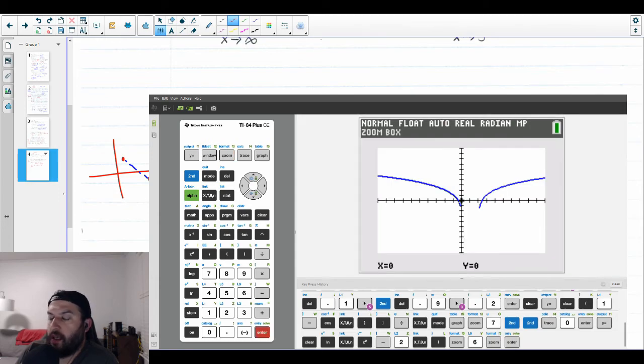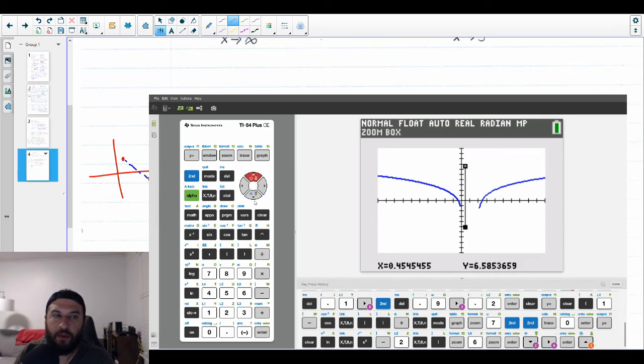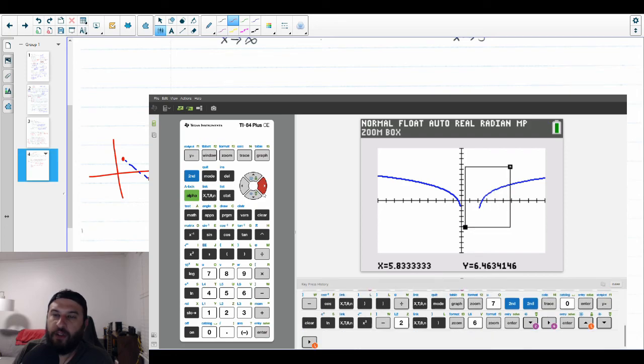Because it looks like this graph is just kind of cutting off here. So let's see what happens when I draw a box. A lot of times your calculator will not do a great job of graphing the asymptotes for ln, and I think that's what's going on here.